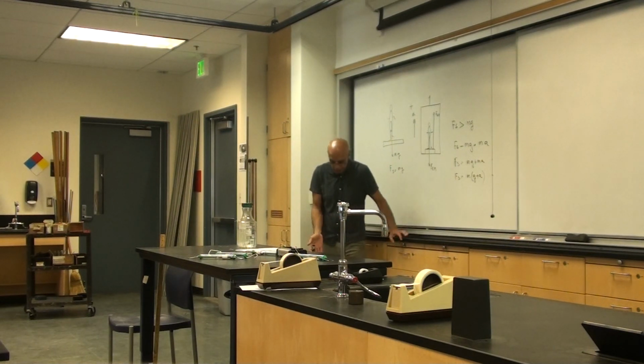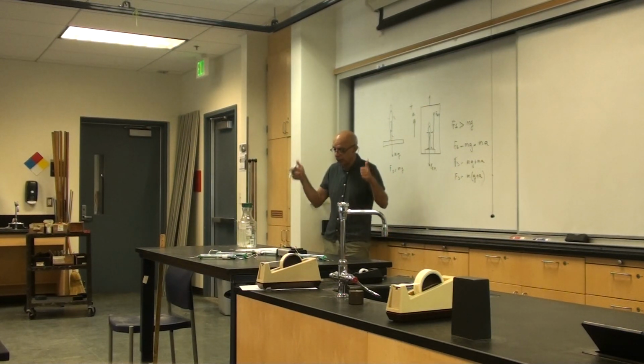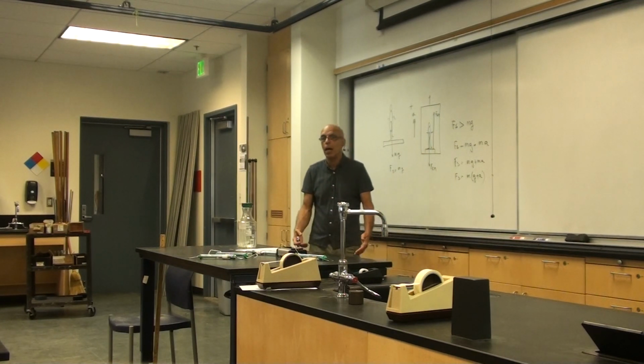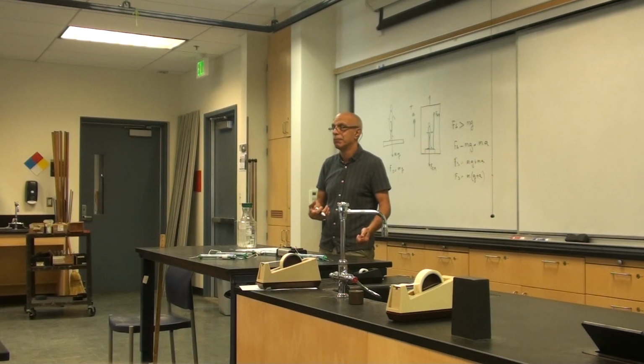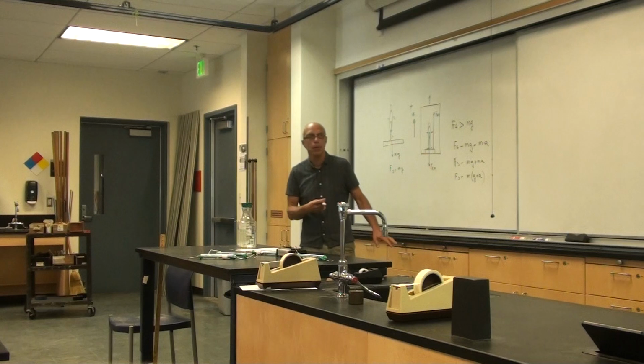So what is the reading? If the elevator is being accelerated up, what is the reading that I'm going to have there? Higher, right? So I'm gaining weight. I'm gaining weight. Okay?